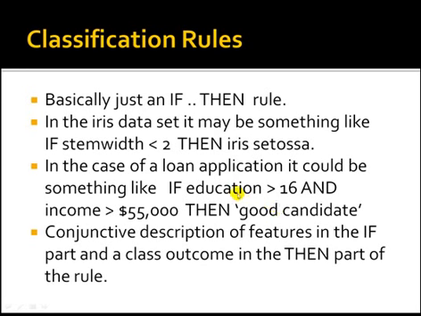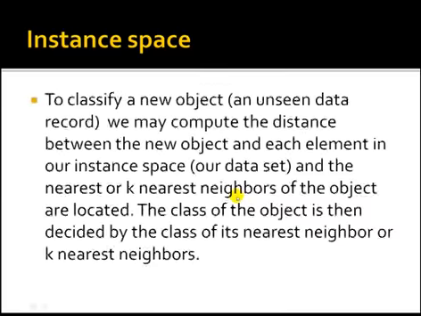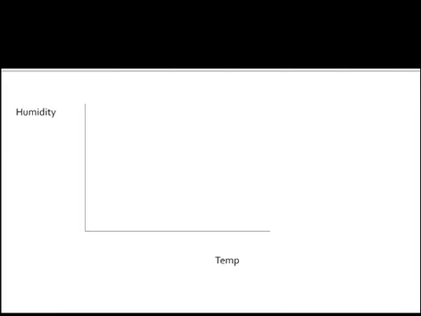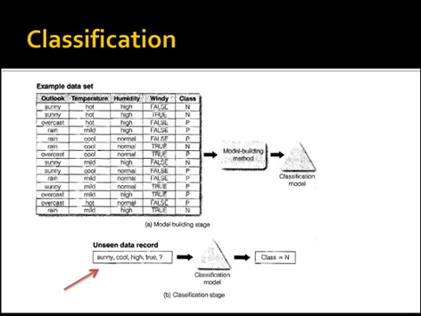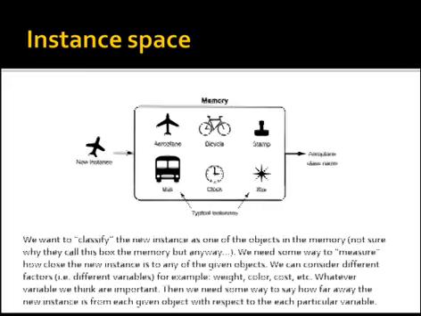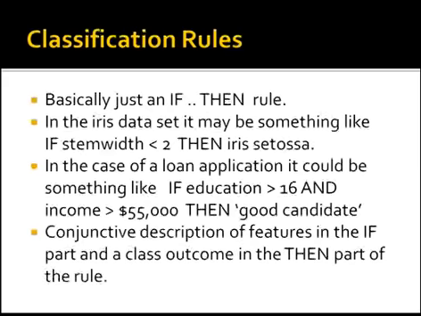Okay, next thing is called classification rules. So let's see, we did what before? Nearest neighbor. We were talking about instance space and classification. So now, going back to more generally classification and classification rules. Basically, a classification rule is just an if-then rule.